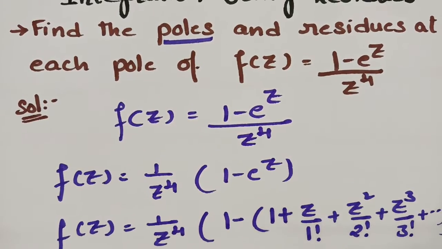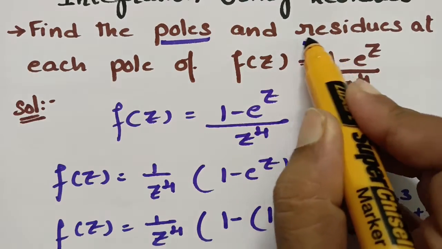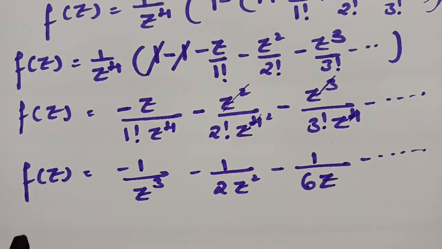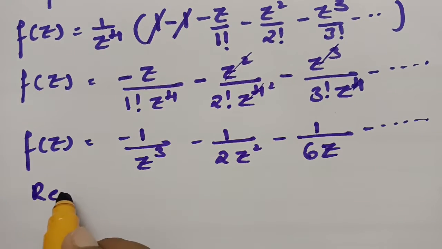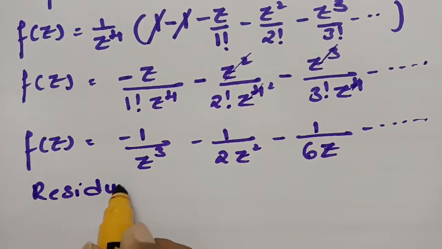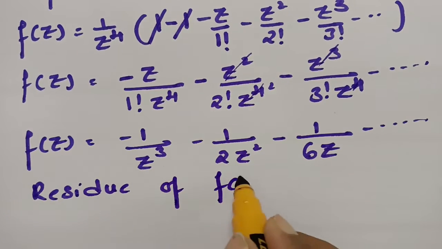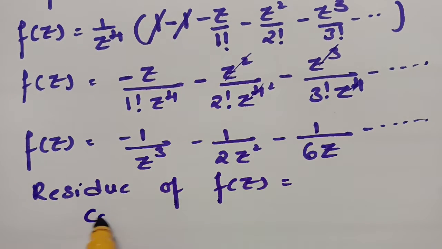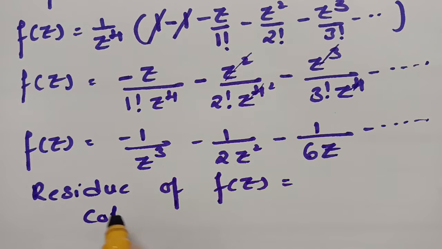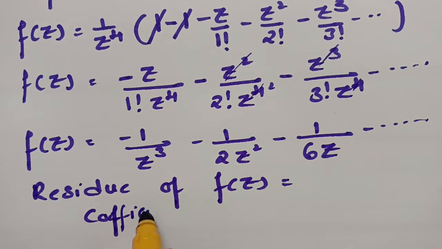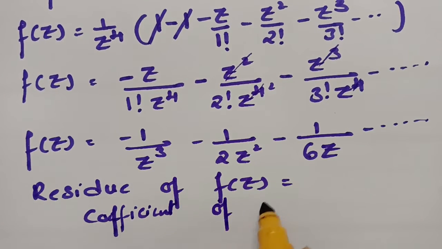Now we have to find the residues for the corresponding poles. For finding the residues, here is a special case. The residue of f(z) is nothing but the coefficient of 1/z in this expansion.